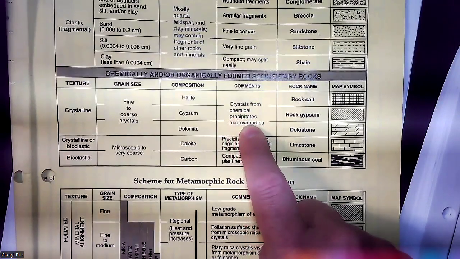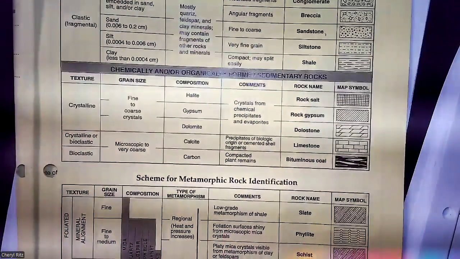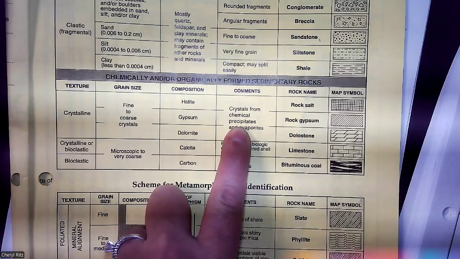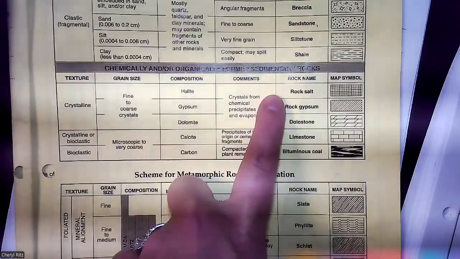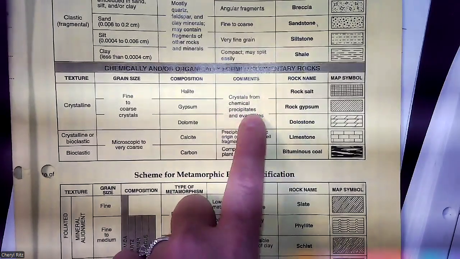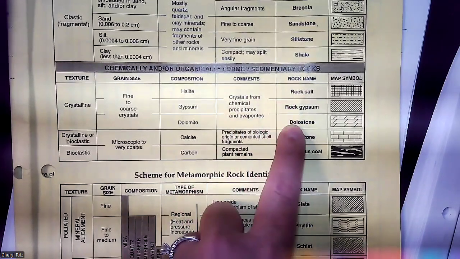Long story short, an evaporite is when the ocean or the salty water evaporates and leaves behind the minerals that were in it, like the rock salt or the gypsum. And precipitates are what happens in caves. These three are the ones that come from evaporation of seawater. So it's just the evaporites and precipitates. So rock salt, rock gypsum, and dolostone.